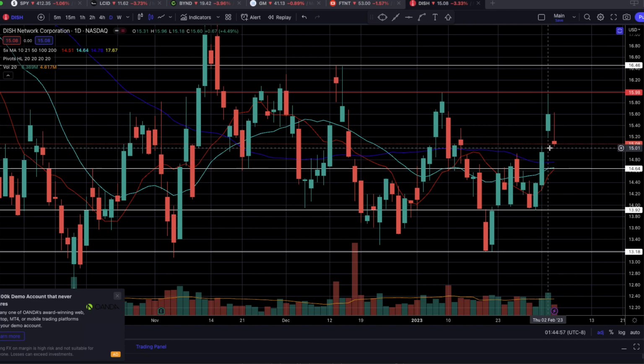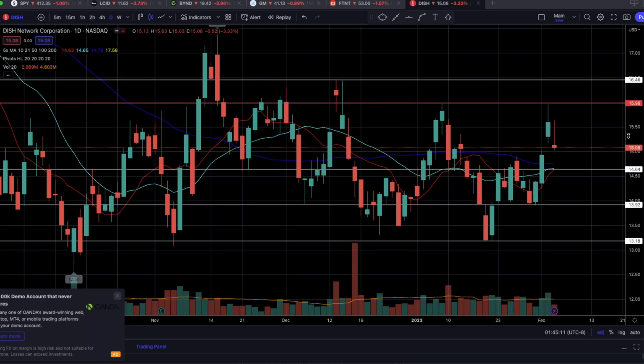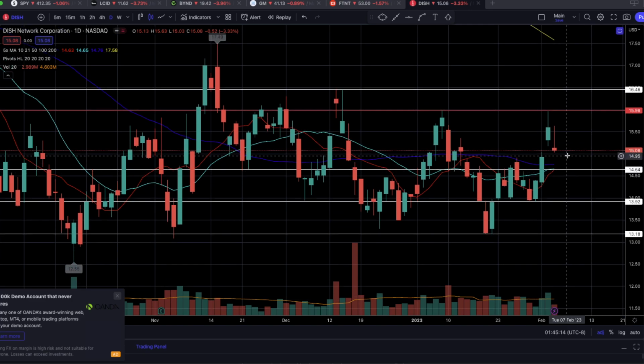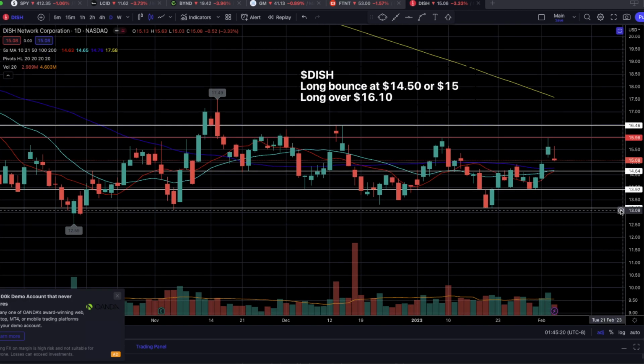And so if we're able to come back down and retest 14.50 or at least around 14.60, we should be able to see a nice retest on all my SMAs, including that 14.50 level. And we can potentially see a very large bounce back into $15 and eventually, hopefully, back above $15.